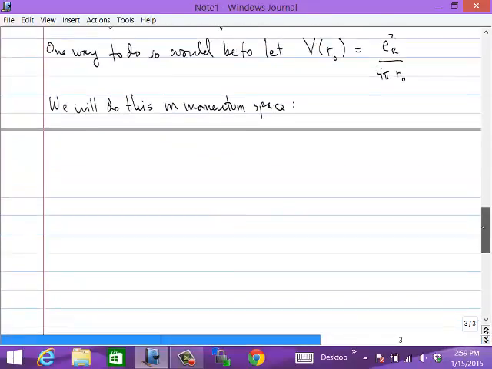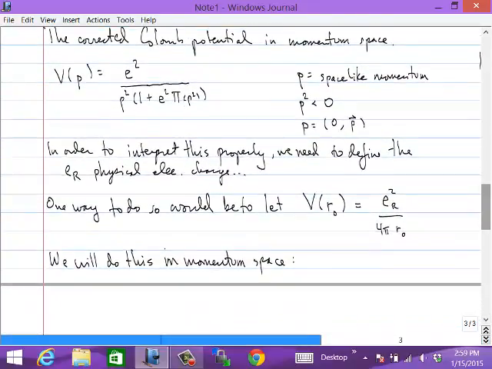Instead of defining the physical renormalized electric charge in terms of the potential at a particular radius, I'll define it in terms of the Fourier transform potential at a particular momentum. In particular, we'll define E renormalized squared to be P naught squared times V of P naught at some fiducial value of P naught.